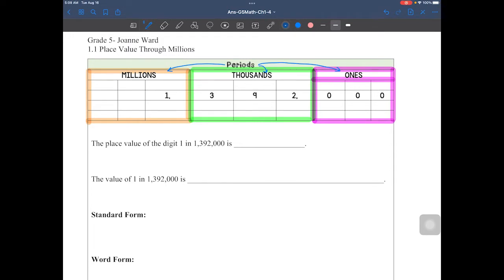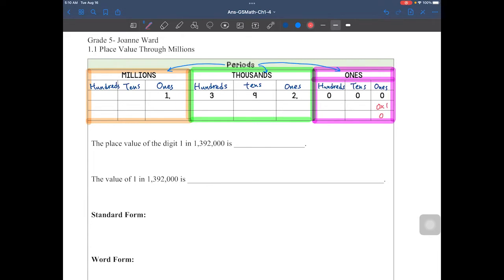So in 1,392,000, I start with ones, tens, hundreds. Then again ones, tens, hundreds. Then again ones, tens, hundreds. Here I have 0, which means 0 times 1, the whole thing is 0.